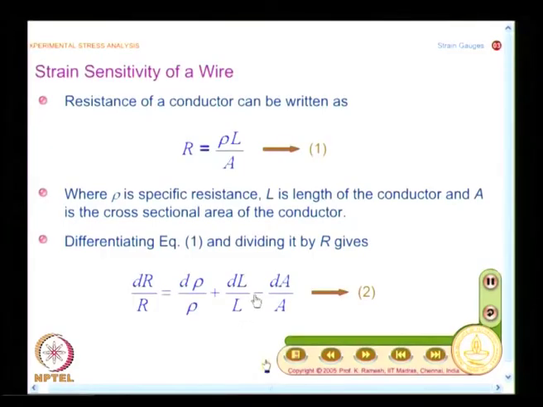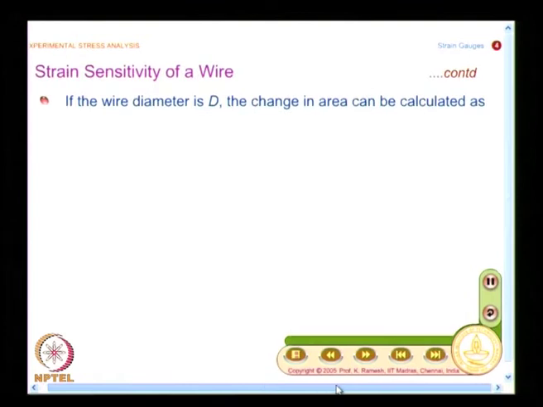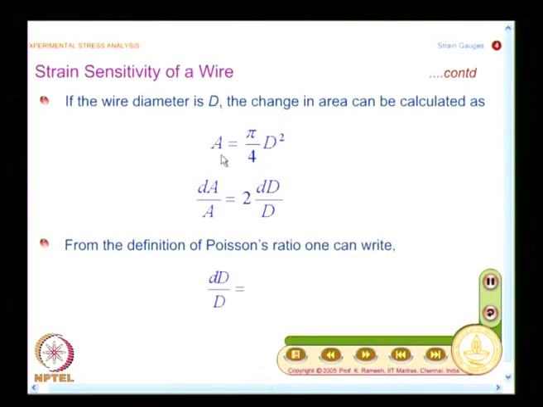And from your geometry and also your Poisson's ratio effect, I can write dA by A conveniently. That is what I am going to do. Suppose I take a wire of diameter d, I have area of cross section given as pi by 4 d square.